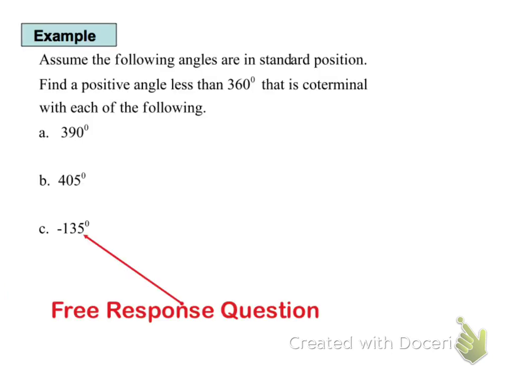So now we're going to find some coterminal angles. Again, we have to assume these angles are in the standard position. In the first one, because there's an infinite number of coterminal angles, we have to have some rules to follow, and that'll come from the question. In this question, we want to find a positive angle that's less than 360 and coterminal with the one given. So our first angle is 390 degrees.